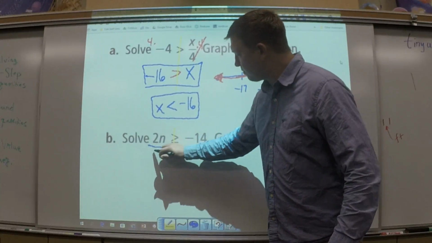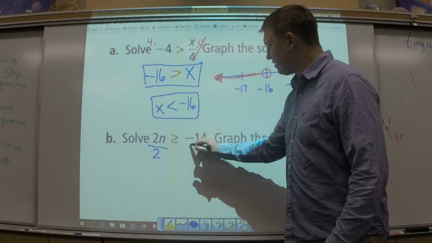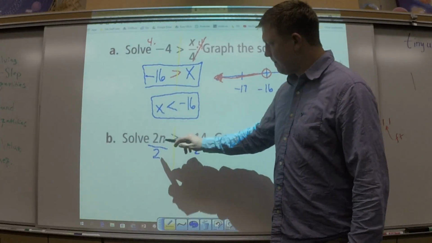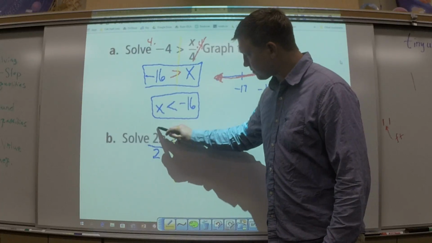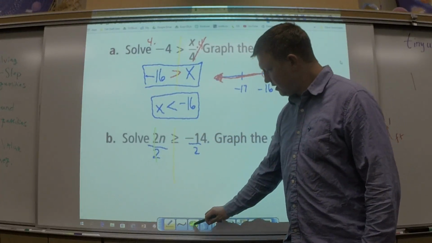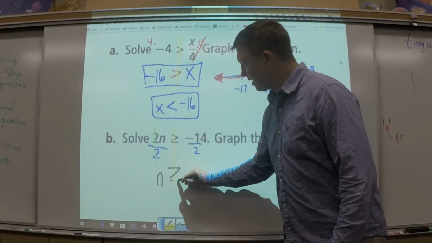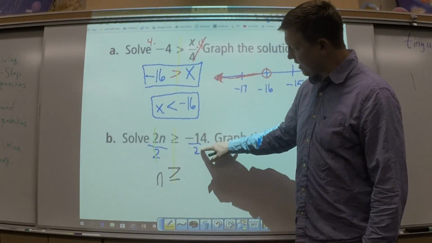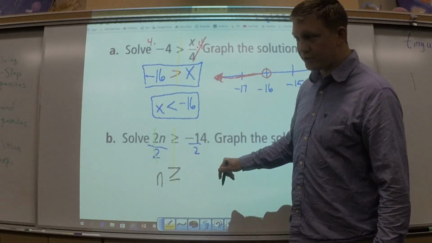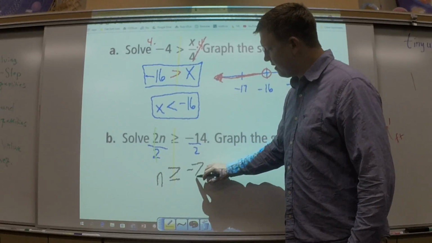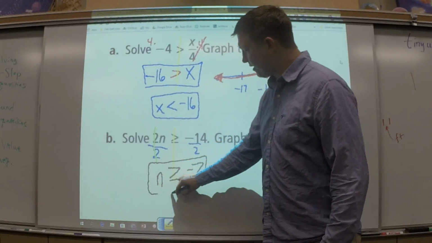The opposite of multiplying would be to divide, so I'm going to divide by 2 and divide by 2. I'm going to cross these out because they will cancel. And what do I have left over? I have n is greater than or equal to, and right here, negative 14 divided by 2 is negative 7. That's my final answer. Not too bad on that one, right?